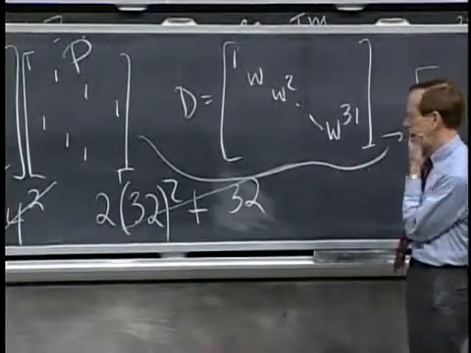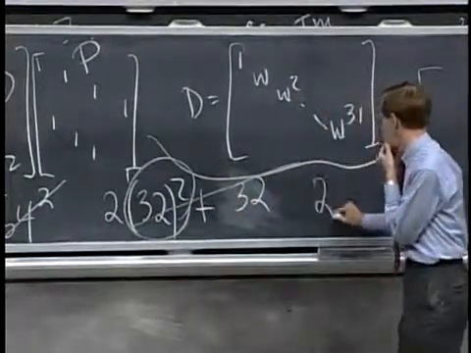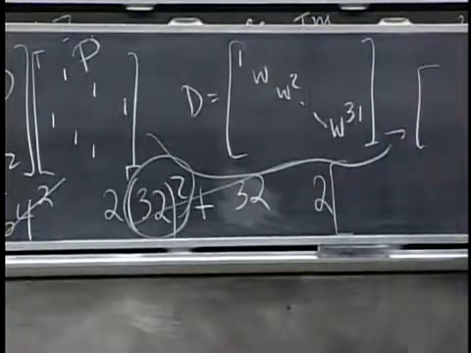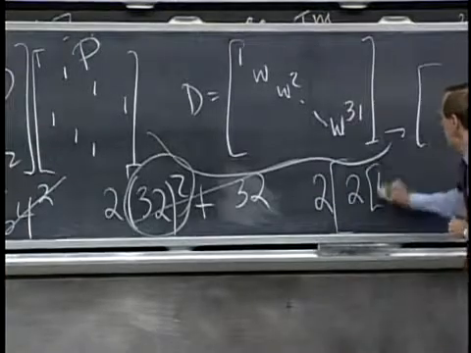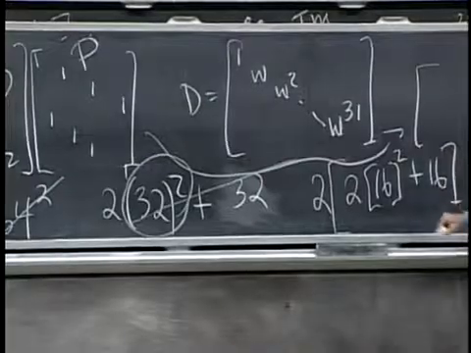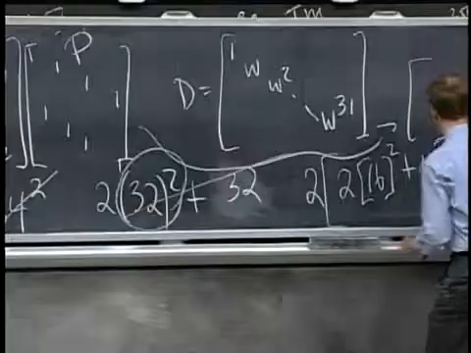The 32 squared, so it's this that's now reduced. So I still have 2 times it, but now what's 32 squared? It's gone in favor of 2 16 squareds plus 16. That was, and then the original 32 to fix.